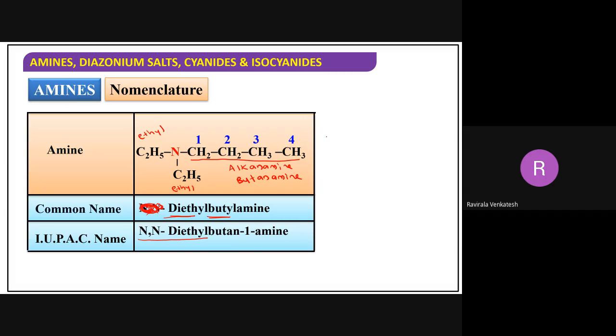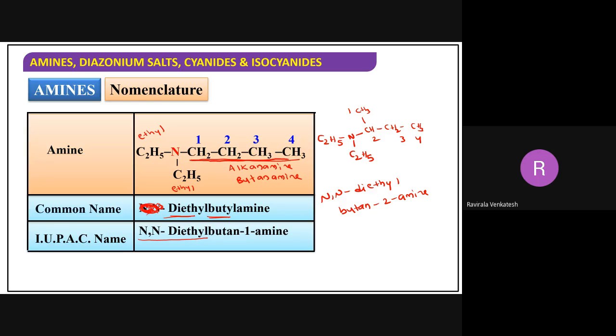For example, the same structure I am writing like this: C2H5, N, C2H5, with CH, CH2, CH3, CH3. Now what will be the nomenclature? It is also N,N-diethyl butanamine, but the numbering we have to start from the other end, so it is called N,N-diethyl butan-2-amine. Whenever we get a longest chain, we have to do the numbering.